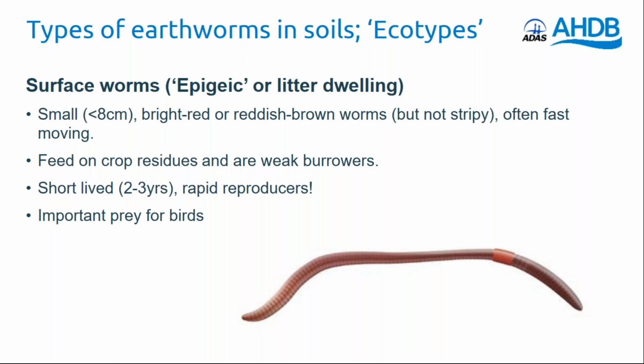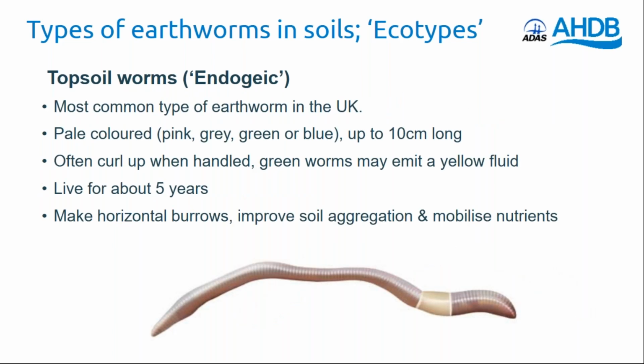If we then move on to the next category, the topsoil worms, the endogeic worms, these are probably the most common worms you'll find in an agricultural soil. They can be distinguished from the epigeic because they tend to be quite pale. They're pink, green, grey, or even blue, up to about 10 centimetres long.